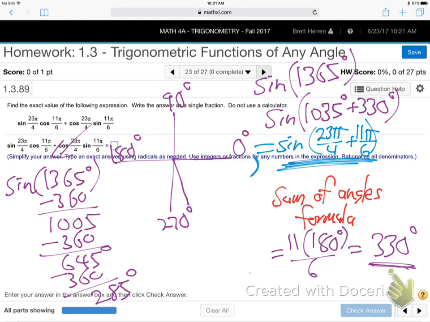You with me? 285 is 15 past 270. So what would be the reference angle? 75 degrees.